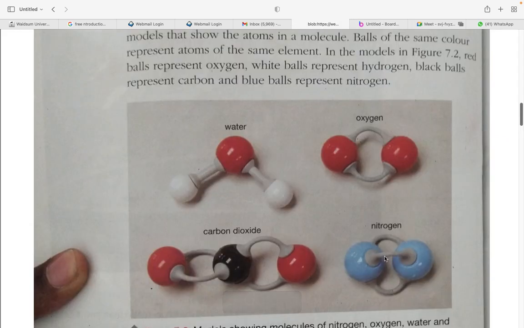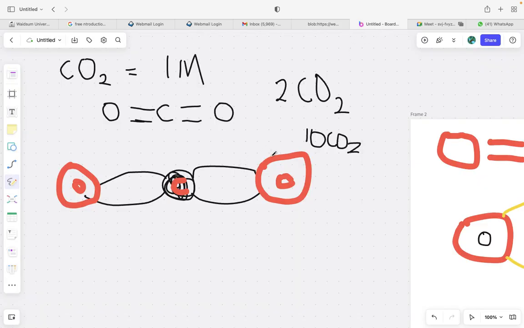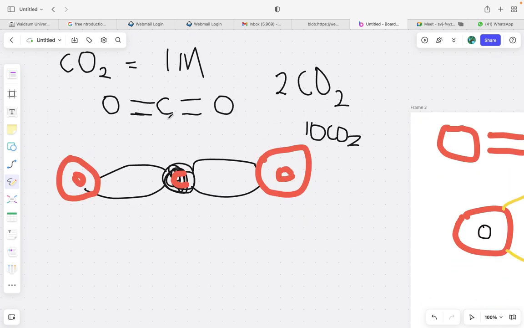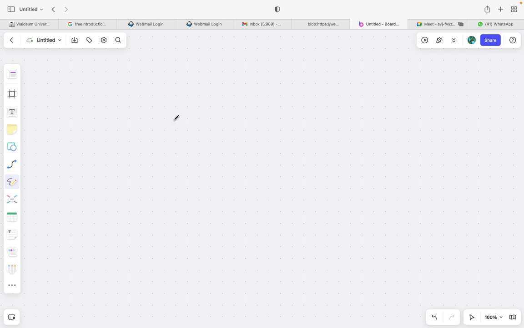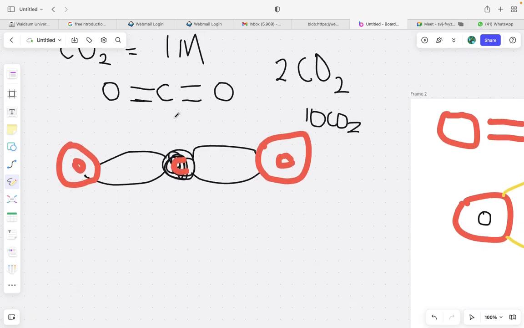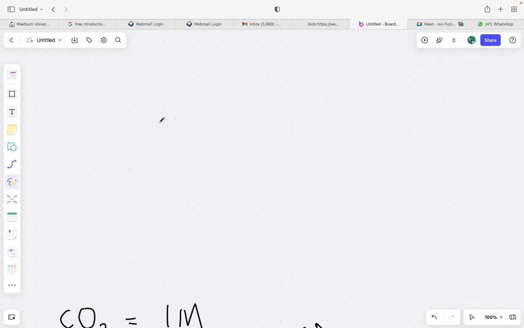This one is nitrogen. Before I move on, let's illustrate nitrogen a little bit. Nitrogen is N, triple bond.